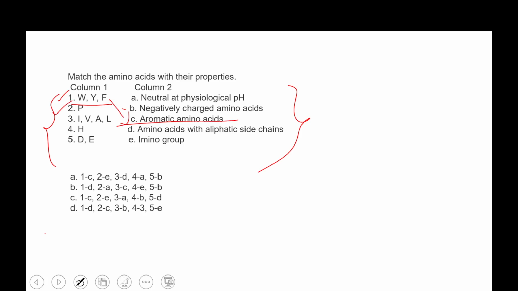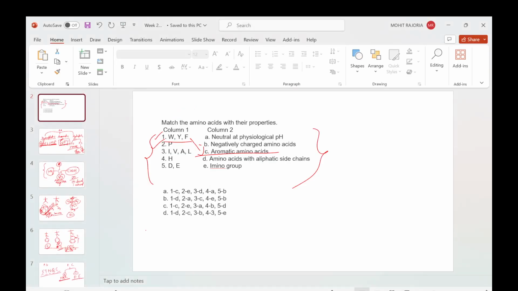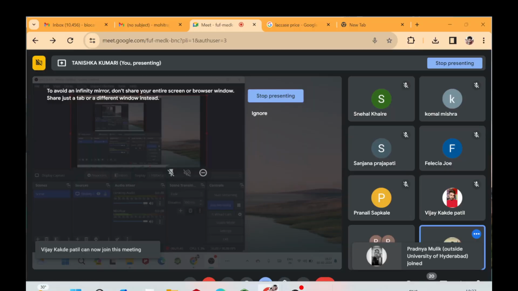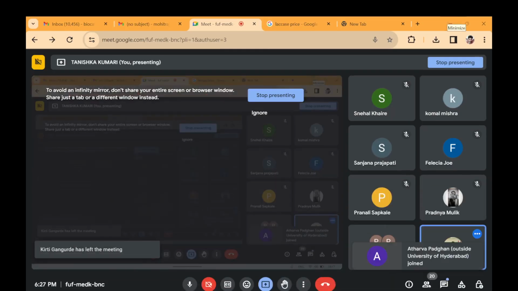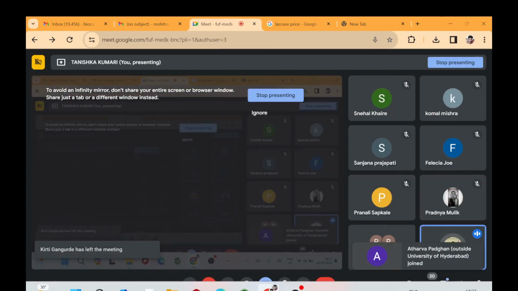Next we have P, which is proline. So out of the other remaining options, proline will be matched with which one? Please unmute yourself and try to interact.